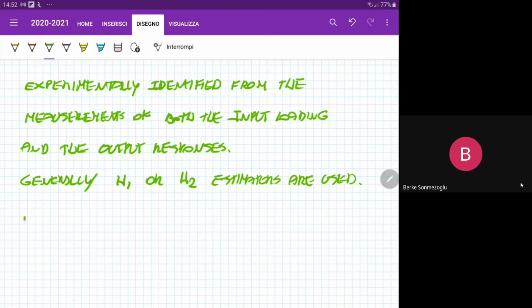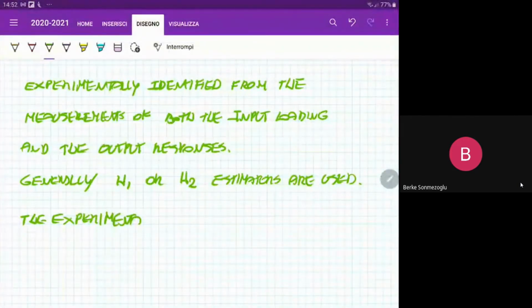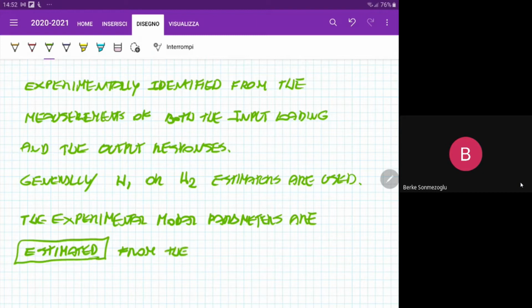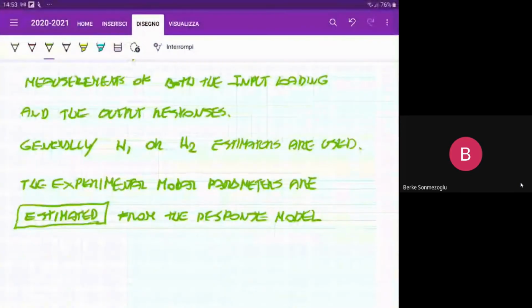So the experimental model parameters are estimated from the response model that we have just identified. Please note, I emphasize the estimated word, okay?